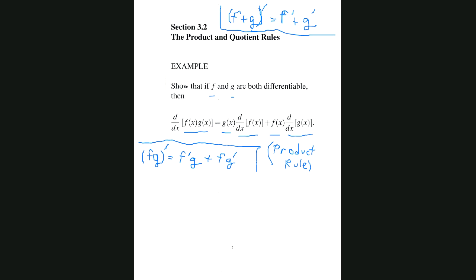Here, the way they have it, on the left they have the derivative of the product fg, so that's the same as (fg) prime, equals, now they have g first times f prime, plus, for the second part of the product rule, they have f times g prime.